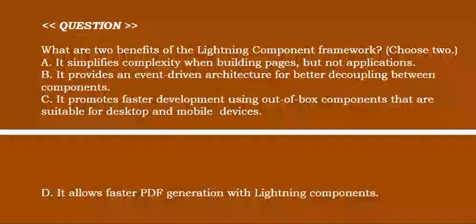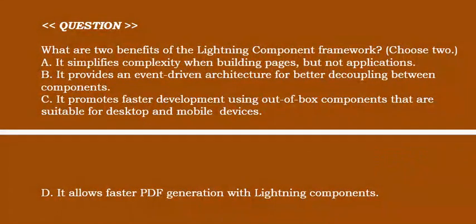Next question is, what are two benefits of the Lightning Component Framework? Choose two options. Option A. It simplifies complexity when building pages but not applications. Option B. It provides an event-driven architecture for better decoupling between components.